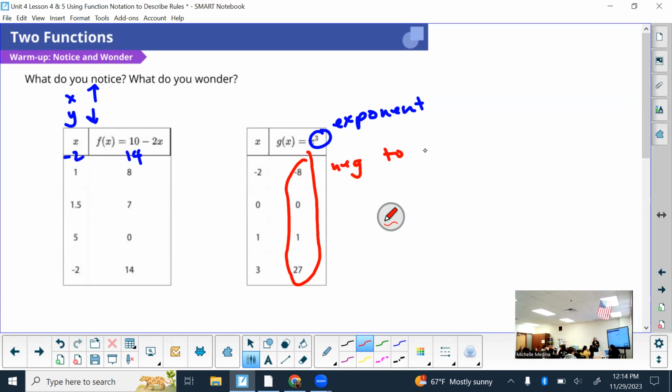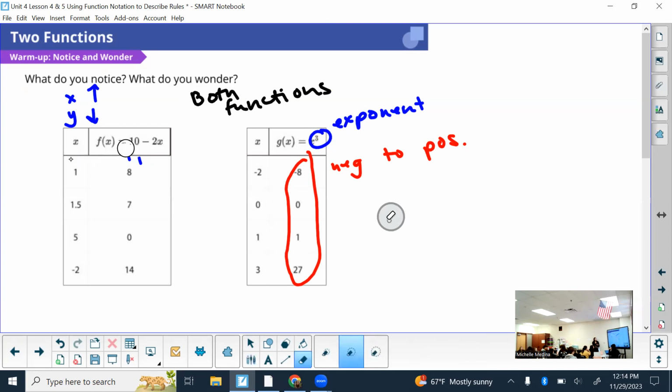Table 4, give me another notice. They're both functions, and how do you know if something's a function or not? Okay, good. So when I look at both tables, we can say that they're functions because the x does not repeat.